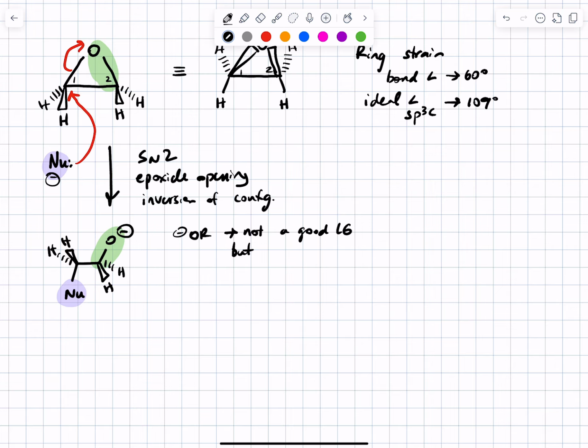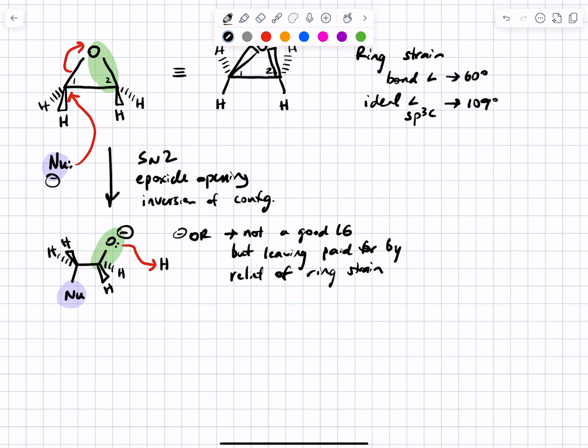But the fact that it's leaving is fully paid for by relief of ring strain, and by the fact that shortly after the ring opens, the negatively charged oxygen can pick up a proton from some source. I'm just being generic about that source. HA could be water, or it could be some acid.